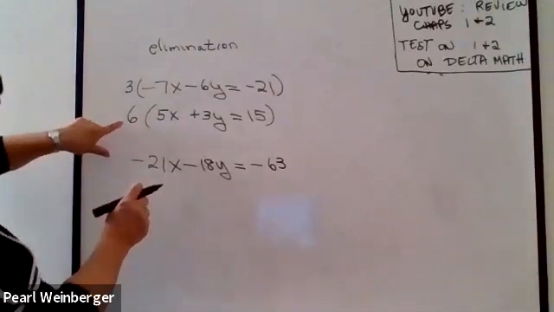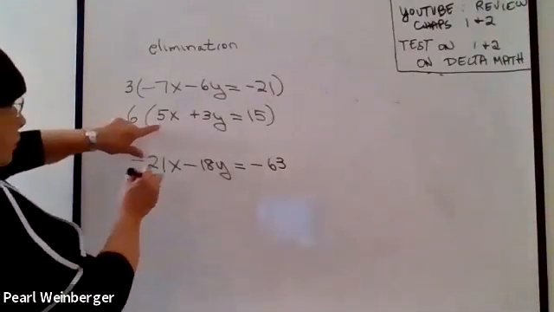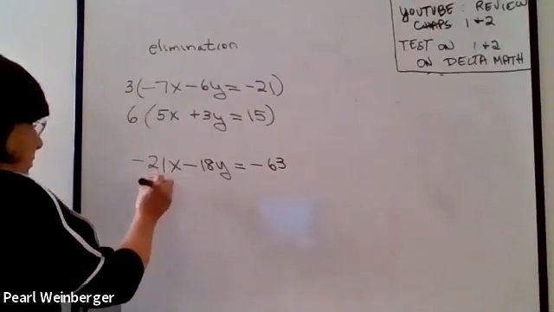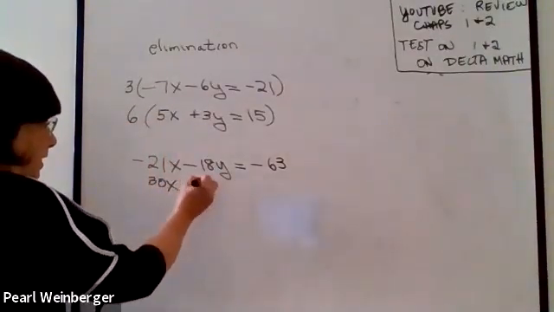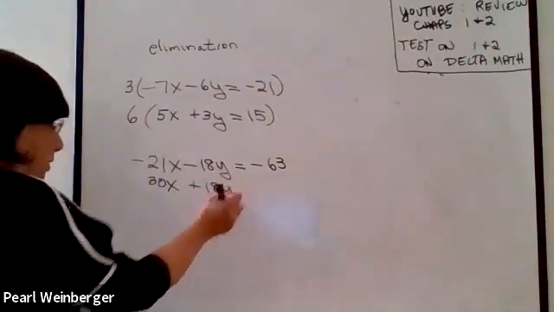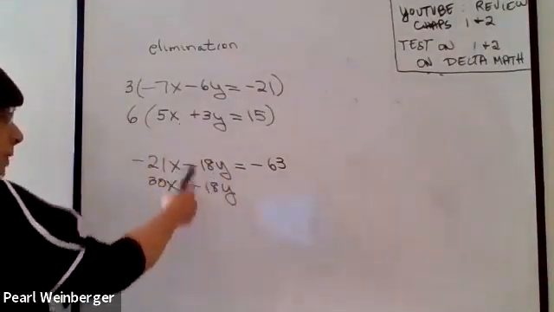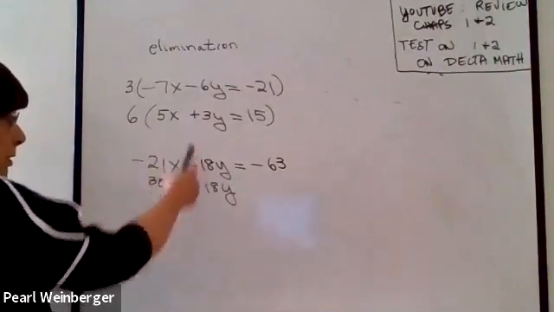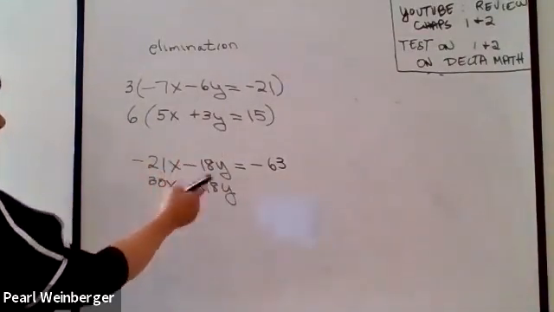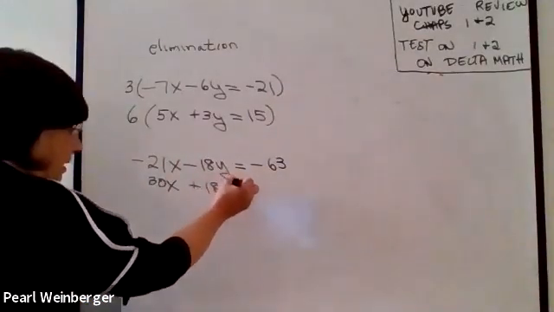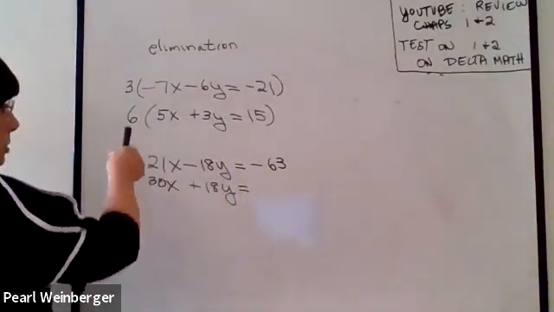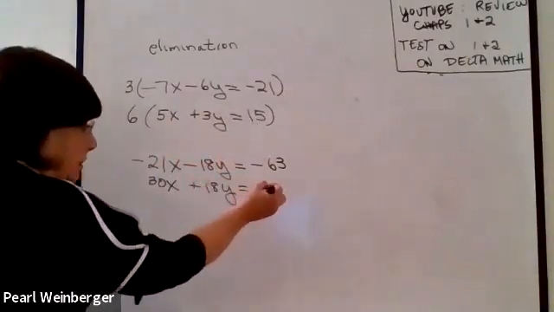The bottom equation, 6 times 5x is 30x. 6 times 3y is 18y. Look, that's what I'm looking for. A negative and a positive, the same number. A negative 18y, a positive 18y. That's going to be my elimination. 6 times 15 is 90.